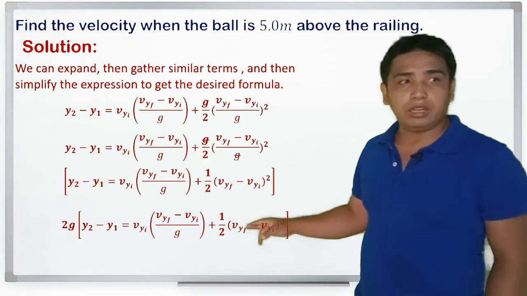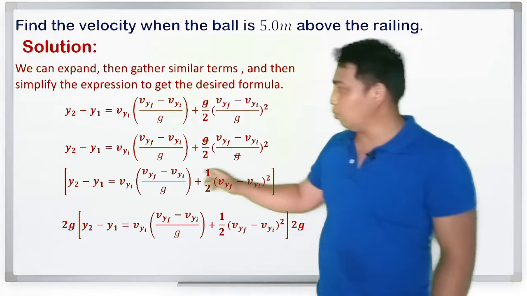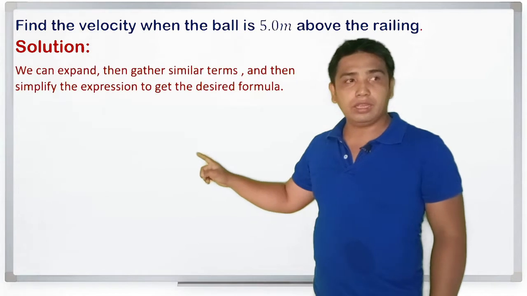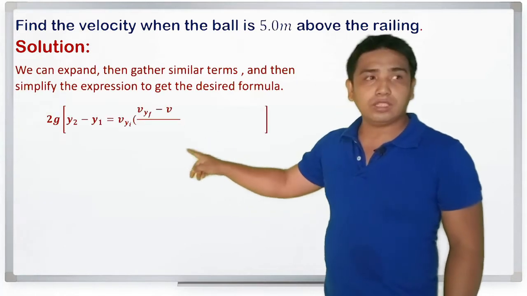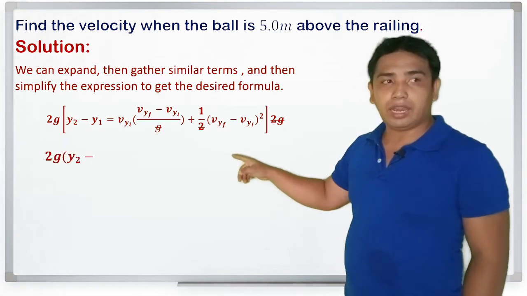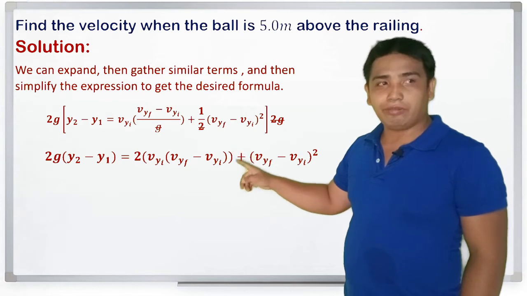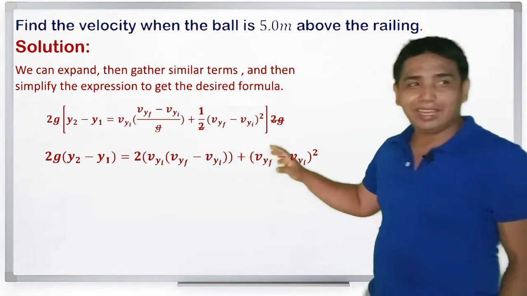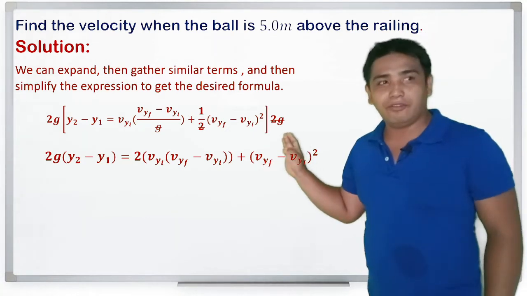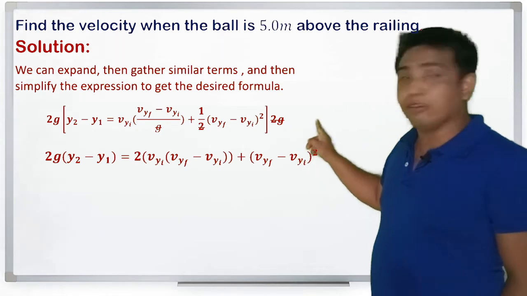Alright, and then we can distribute 2g. So we will have 2g times the quantity of y sub 2 minus y sub 1 is equivalent to 2 vyi times the quantity vyf minus vyi, and then plus this term, which is a perfect square trinomial if you are going to expand this one, so raise that to the power of 2.